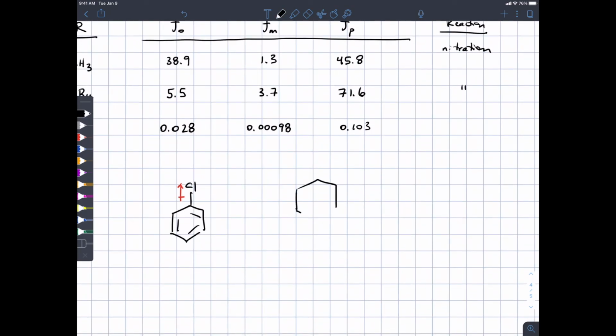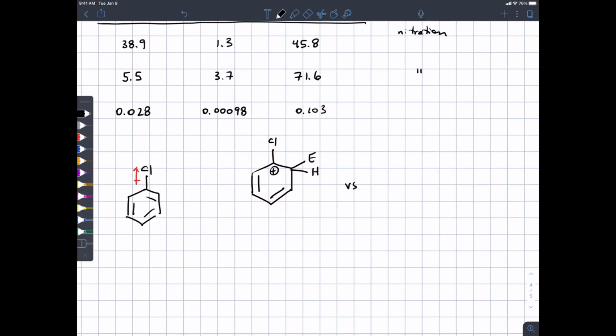So let me draw you, say, the ortho substituted intermediate versus the meta substituted intermediate.